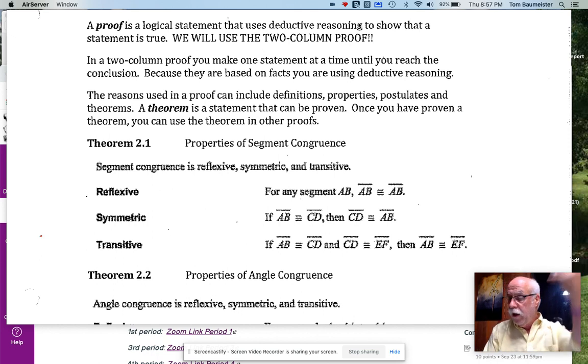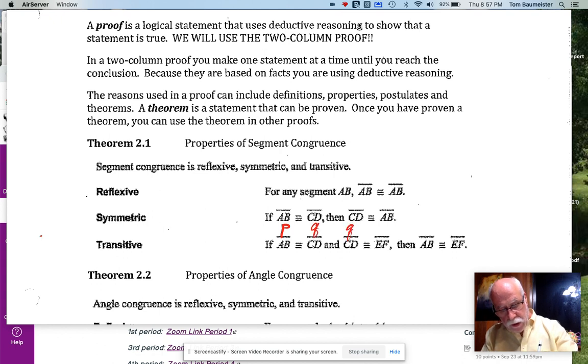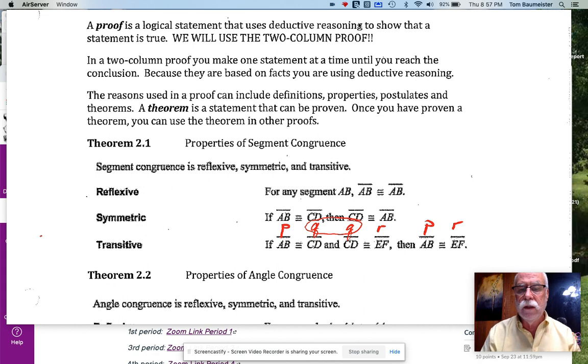Remember what we were talking about yesterday: I said if P is equal to Q and Q is equal to R, since these two are one right after the other, you can say then that P is equal to R. That's a little different from the law of syllogism.